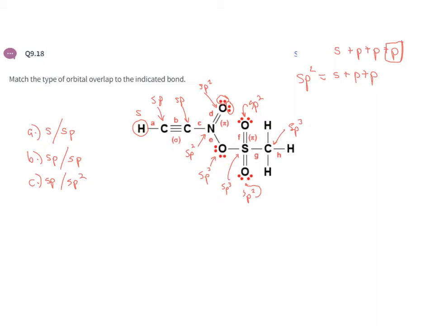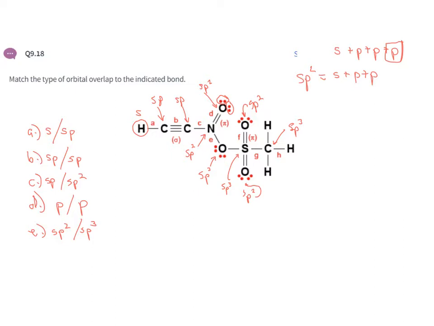We're going to use that for our pi bond. So for the double bond in D, that would occur between a p orbital from nitrogen overlapping another p orbital from the oxygen. Bond E, we're back to hybrid orbitals. Nitrogen would be sp2 overlapping with an sp3 orbital from oxygen.